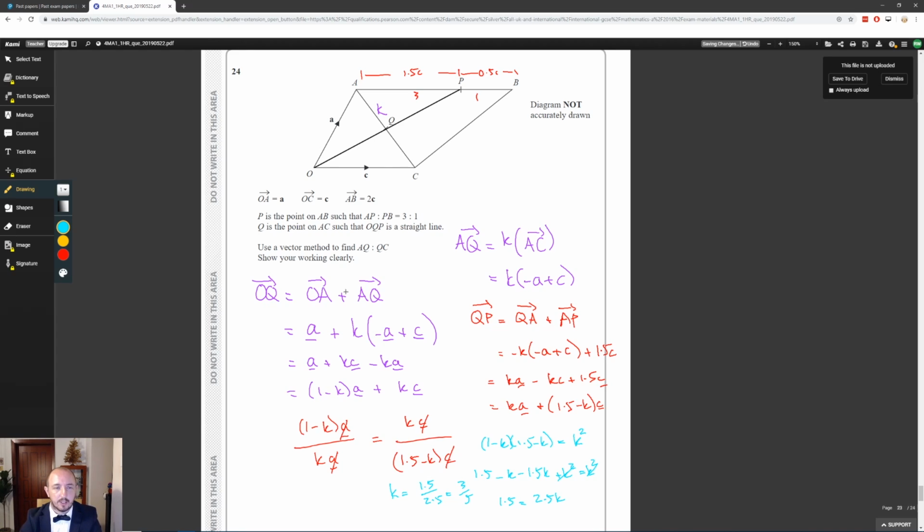Okay, so that was pretty tricky. We found K to be 3/5 of the distance from A to C. That K there is a fraction of distance. So we have 3/5 here, which must mean 2/5 from Q to C. So our ratio of AQ, 3/5, to QC, 2/5, gives us a ratio of 3 to 2.